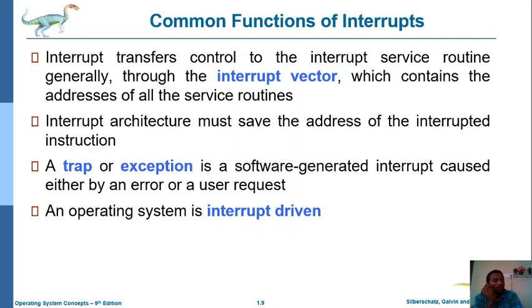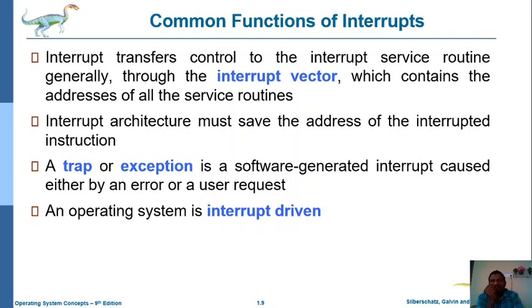While generating interrupts, there are two kinds of interrupts. One is where the hardware components generate some interrupts, and another is where we use some program to generate an interrupt signal.